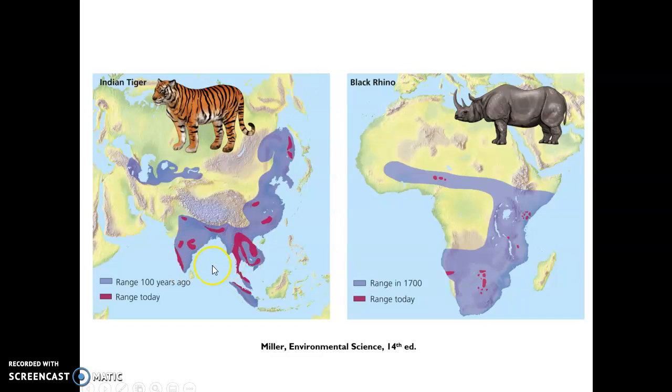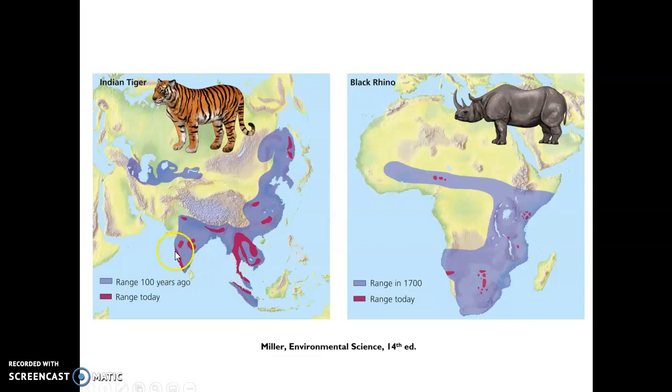So if you have an Indian tiger population living here, it's extremely unlikely they're going to be able to mate with, say, an Indian tiger here or an Indian tiger here, because there's too much space that's been interrupted with roads and human habitation.